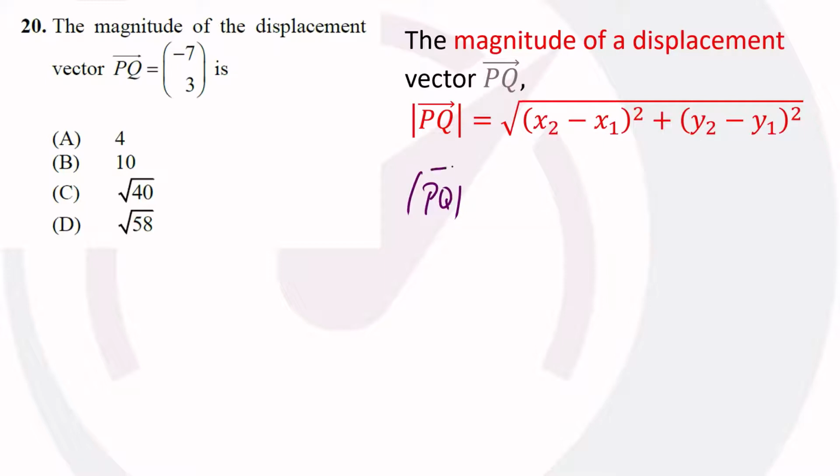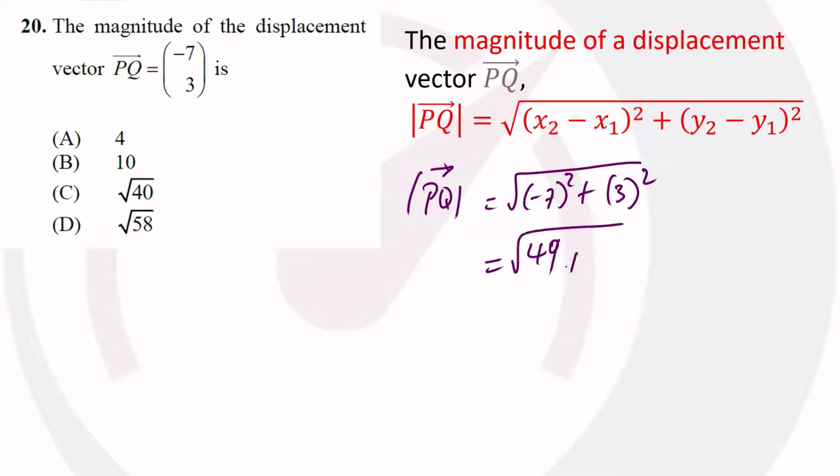So you say, alright, I'm going to put the square root sign. It's negative 7 squared, beautiful. Plus 3 squared, beautiful. So what is negative 7 squared? 49. Alright, so we have the square root of 49 plus, what is 3 squared? 9.